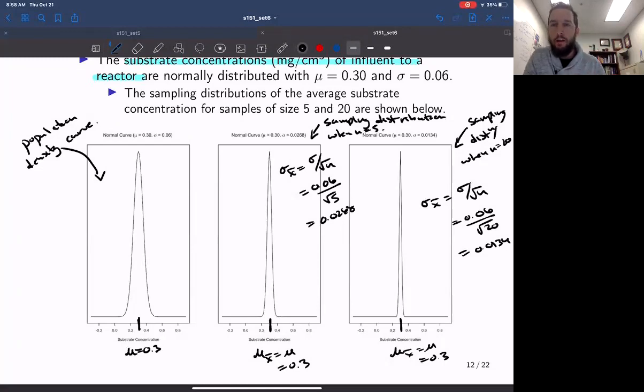As the sample size increases, the standard deviation decreases. And that's why you have the tails coming in and the peak going up.